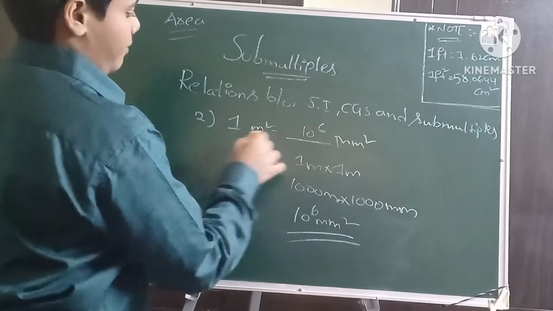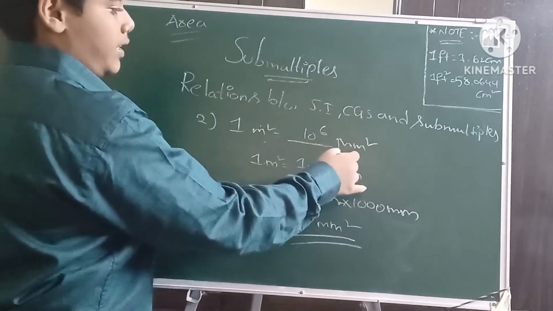So 1 meter square is equal to 10 to the power of 6 millimeter square.